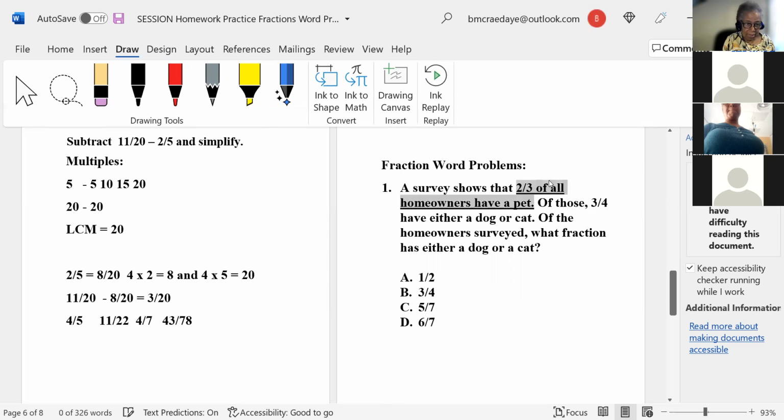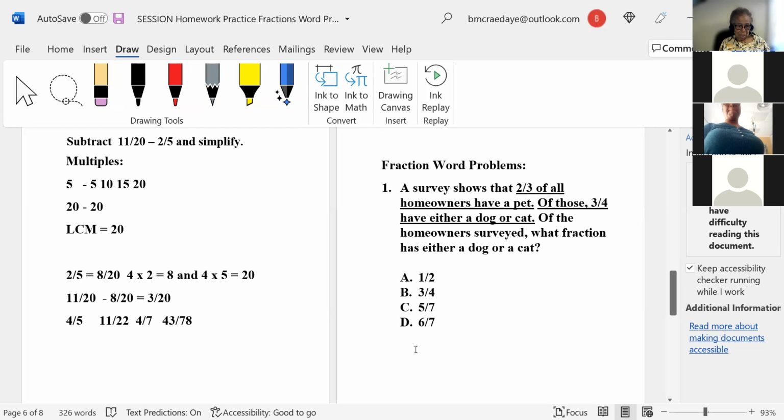So let's underline that. Of those, 3/4, and the key there is really "of those." Of those 2/3, we underline that too. Of those, 3/4 have either a dog or cat.